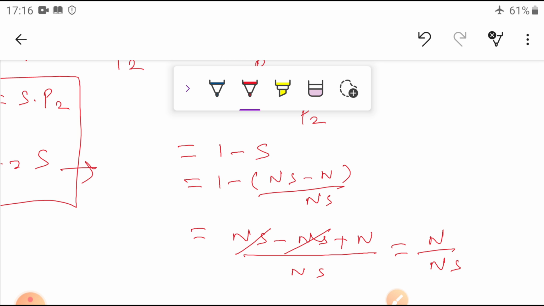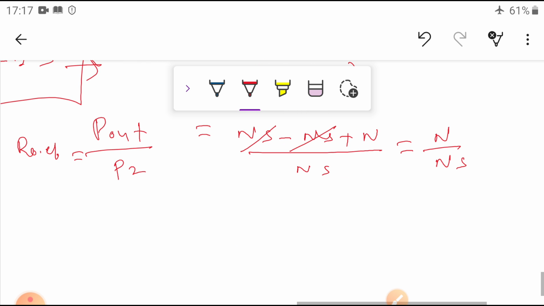So, here the rotor efficiency. What is the rotor efficiency? We write it as rotor output by P out, we can write the P out by P2. That is equal to rotor efficiency. So, rotor efficiency is equal to N by Ns.